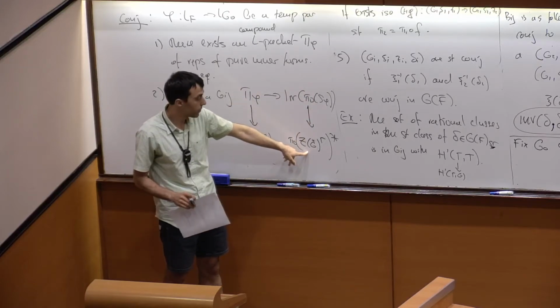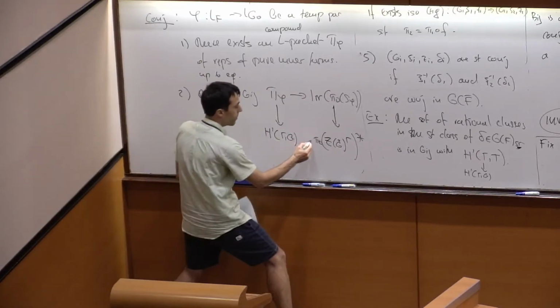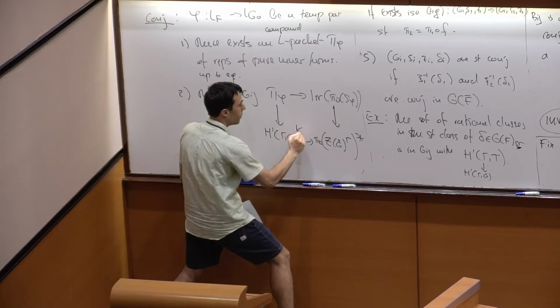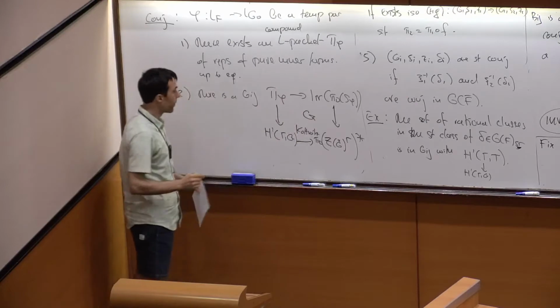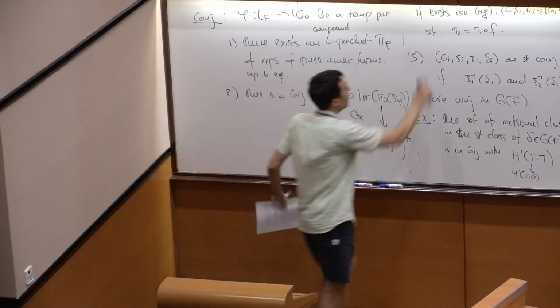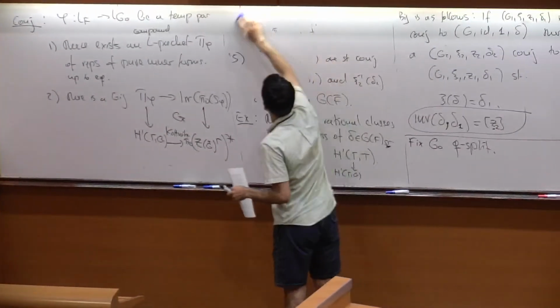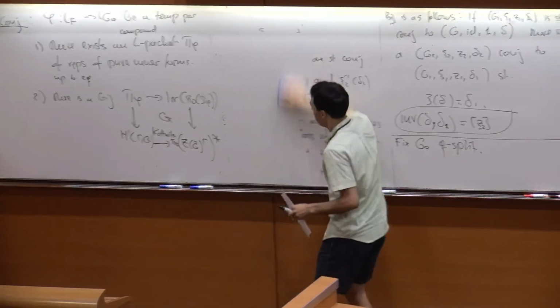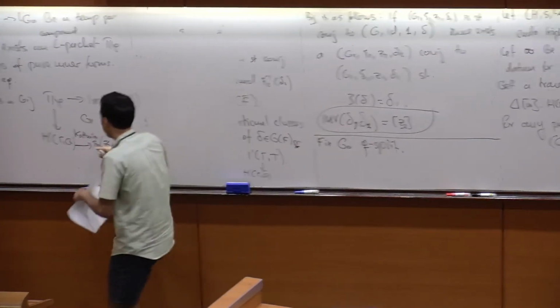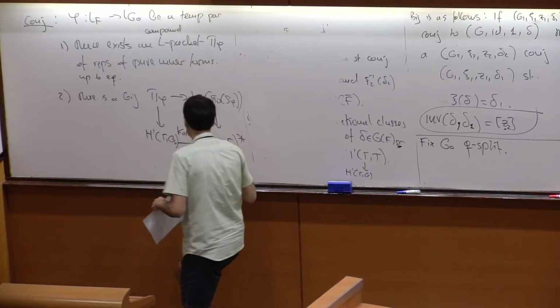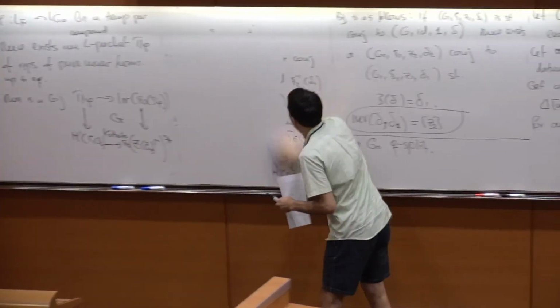So you can take this central character. And there is a map here due to Kottwitz. And you want this to commute. And moreover, we now are in position, say again, yes, thank you. This is G_0. Thank you.